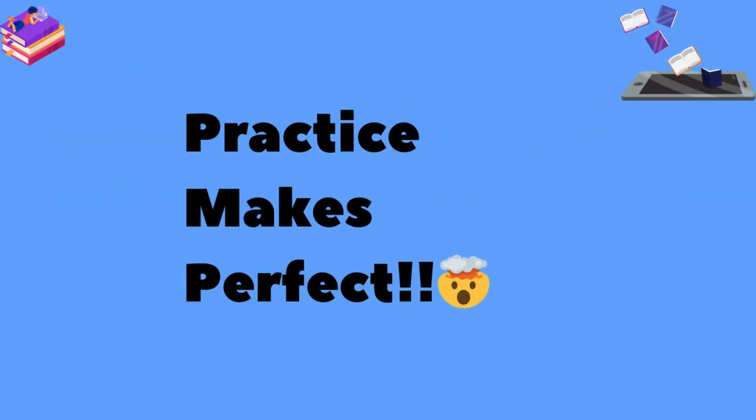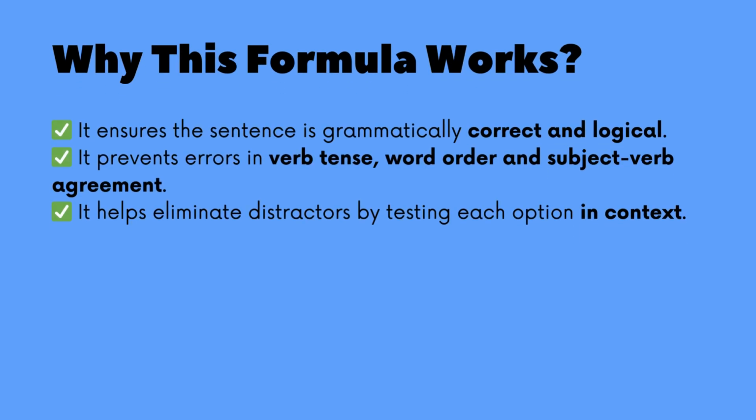That will guarantee you that the sentence is grammatically correct as well as logical. Secondly, this formula prevents errors such as verb tense, word order, and subject-verb agreement. And lastly, it helps eliminate distractors by testing each option in context.